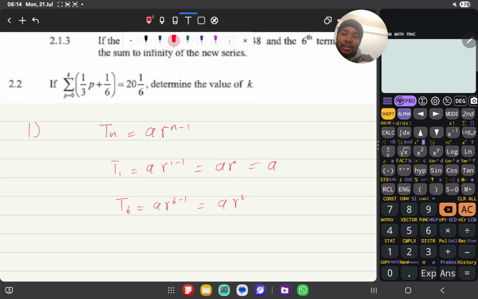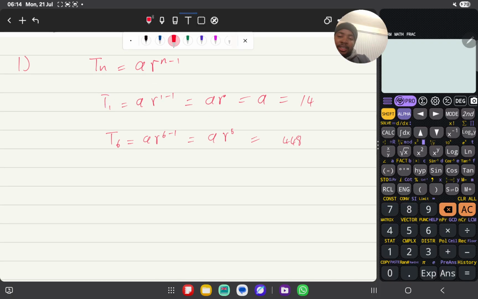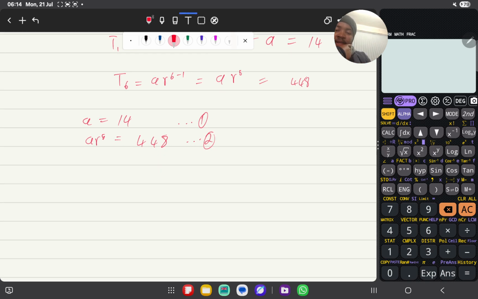They said a, or the first term, is 14, and this term is 448. So I'll write it clearly. It's a equals 14, and then ar to the power of 5 equals 448. Say that's 1, that's 2, sorry for that.